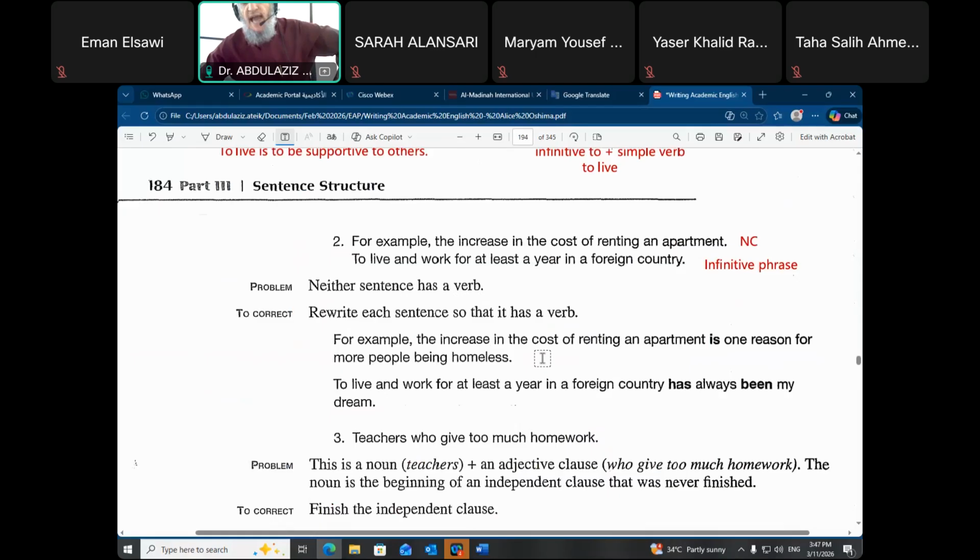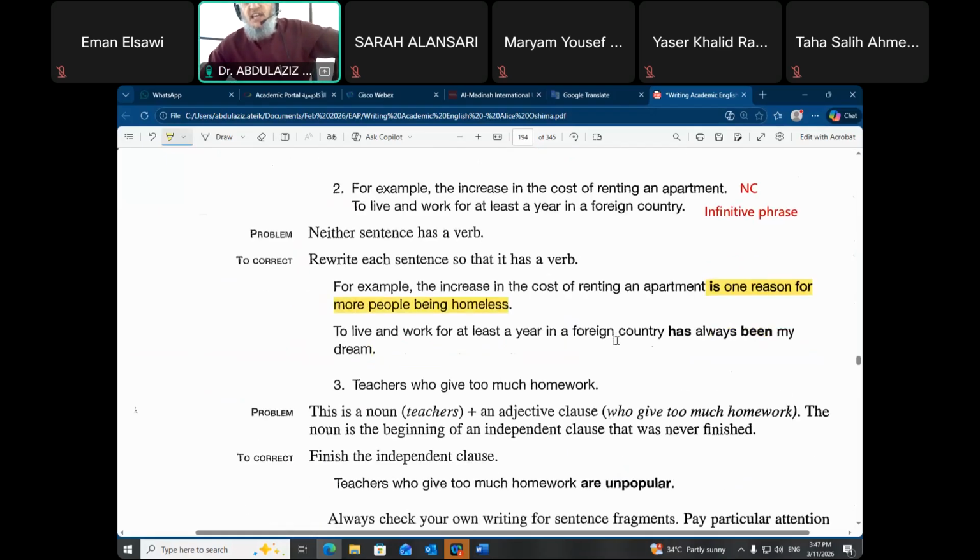So he added all this to make the meaning correct. To live and work for at least a year in a foreign country has always been my dream.